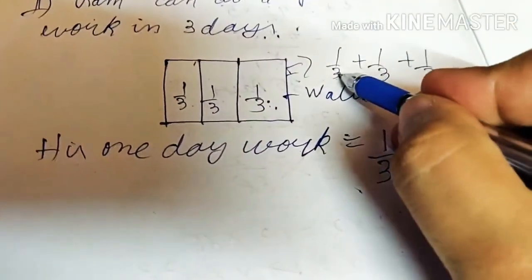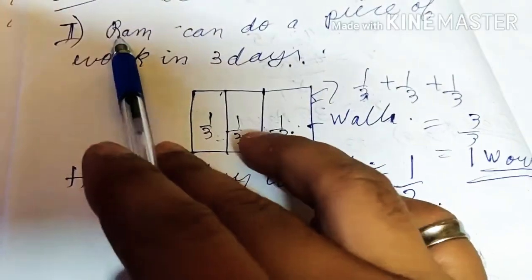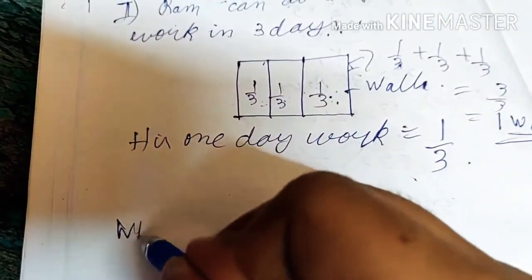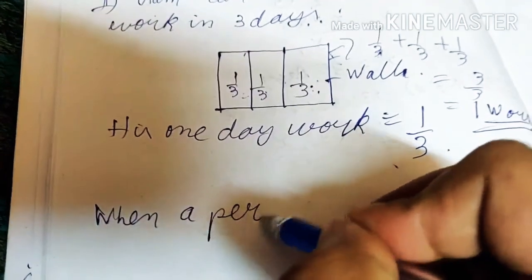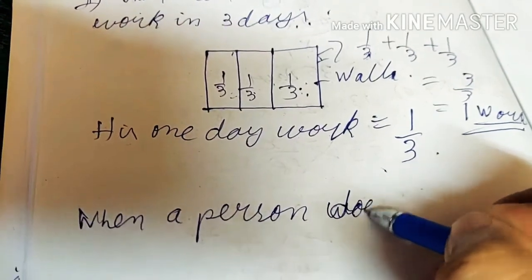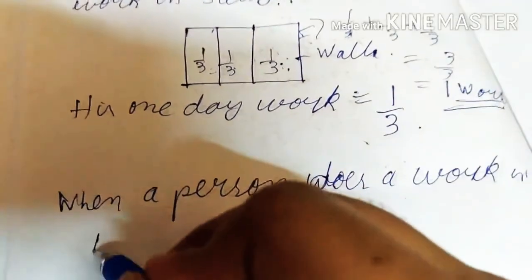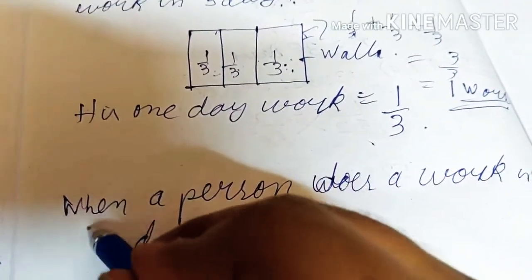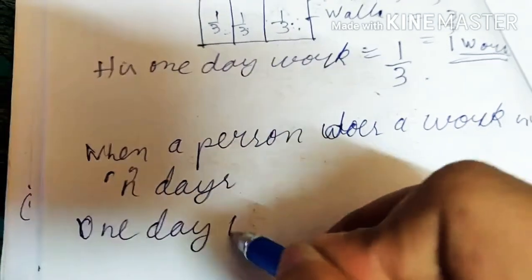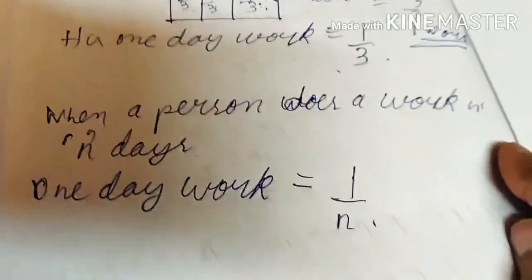Okay, means 1/3 work was done on the first day, 1/3 on the other day, and 1/3 on the next day. So this means that whenever a person does a work in n days, then 1 day work will be equal to 1/n.